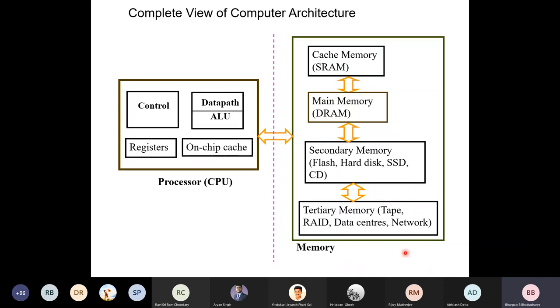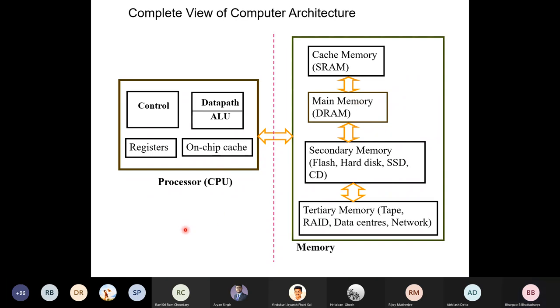But this is the overall structure, and to speed up further operation, there is what is called an on-chip cache in the processor side also. So register, just the thumb rule is the following: register, on-chip cache, cache memory, main memory. These are all memory. Register is the fastest form of memory. This is next in speed, and this is again next in speed, and so on.